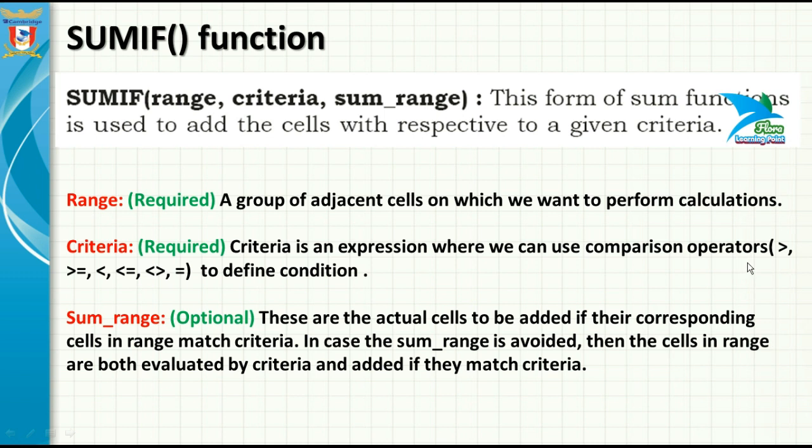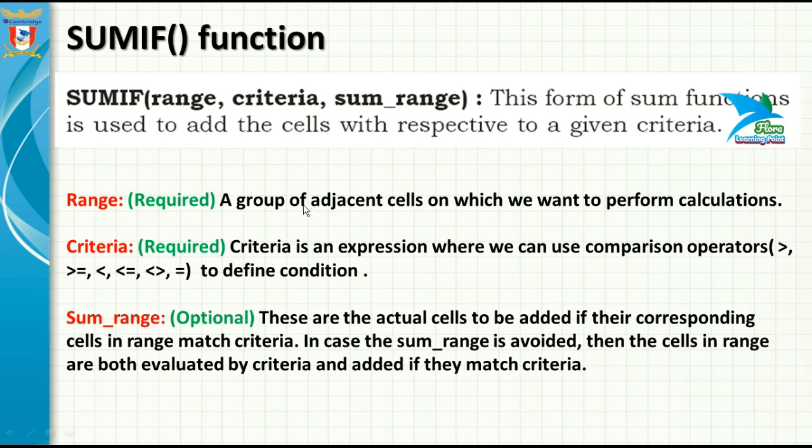To define a condition we have to use a comparison operator like greater than, equal to, less than or equal to, not equal to. So criteria is the condition on the basis of which we want to perform the calculations.